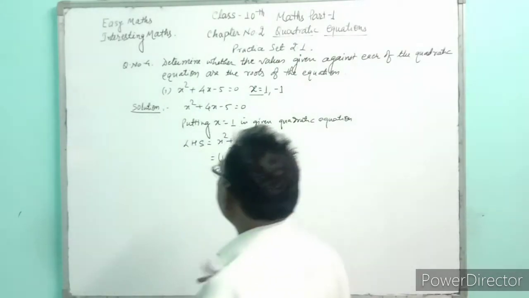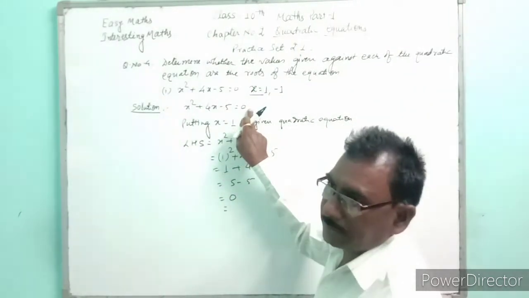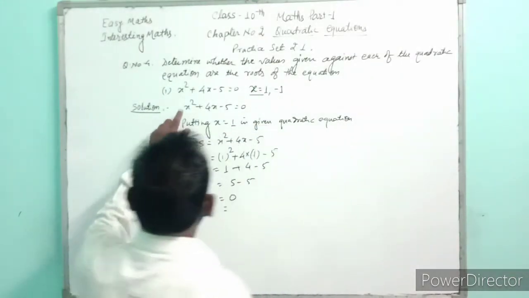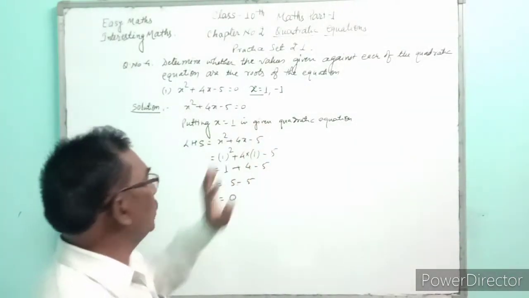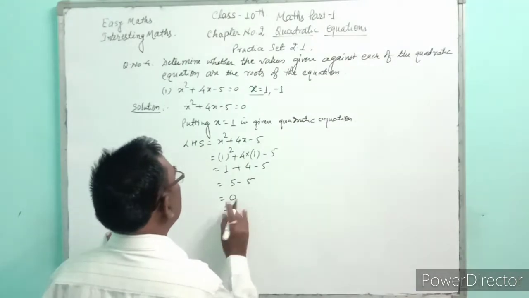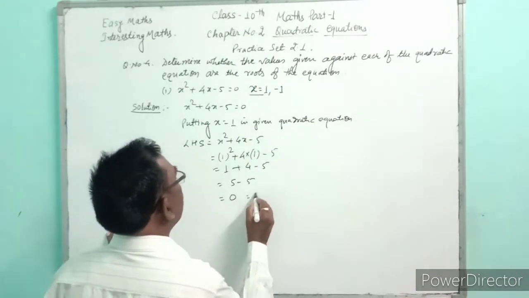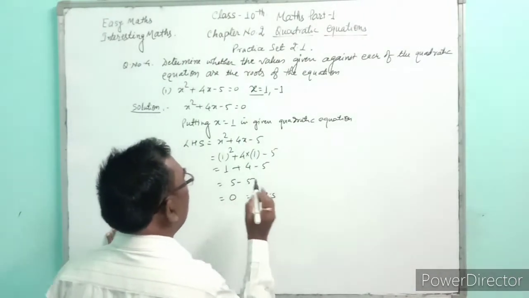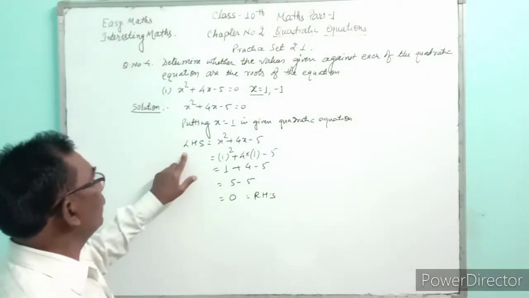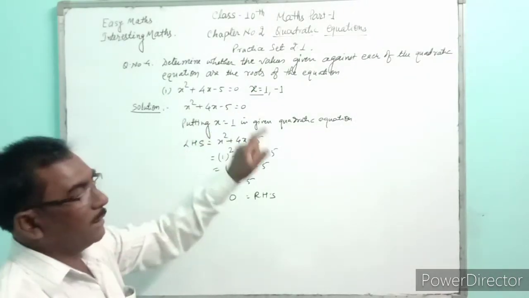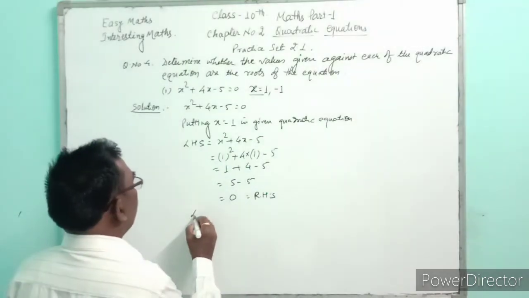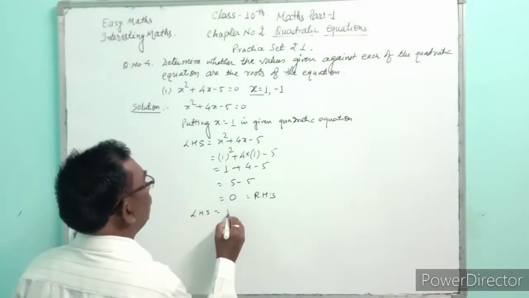And 0 is equal to the right hand side, because in the given equation the right hand side is 0. Therefore, for x is equal to 1, the left hand side is equal to the right hand side.